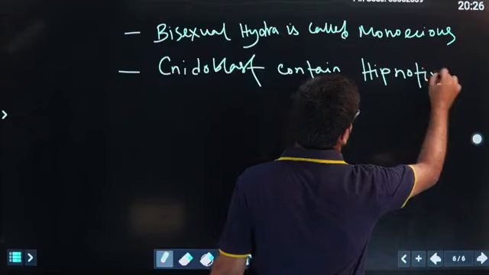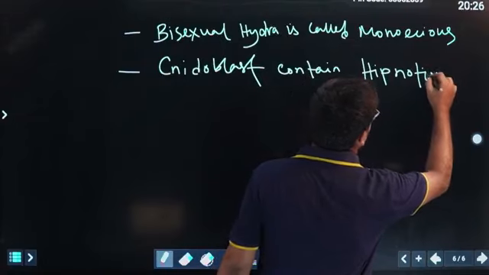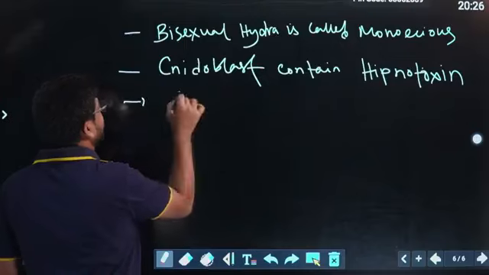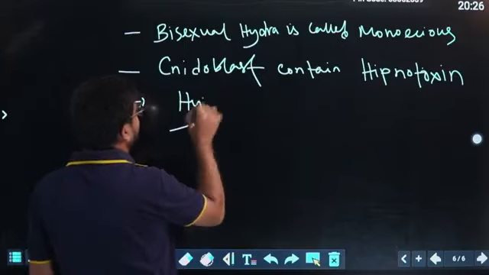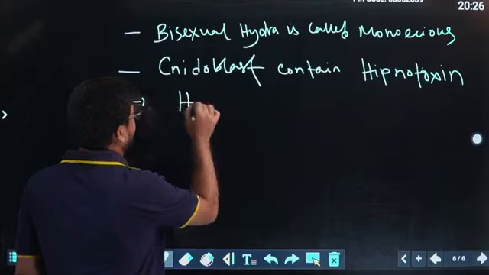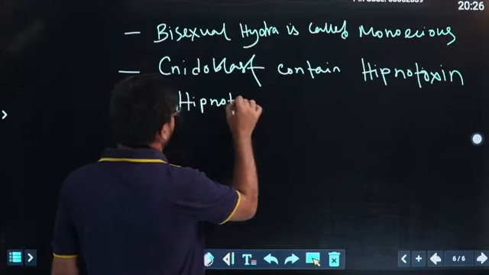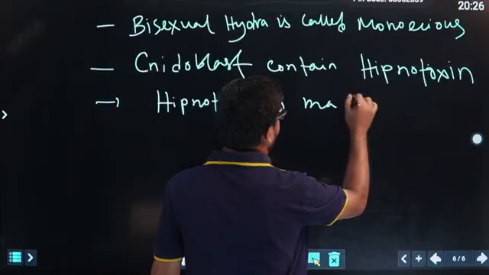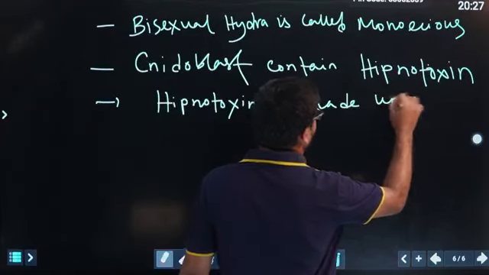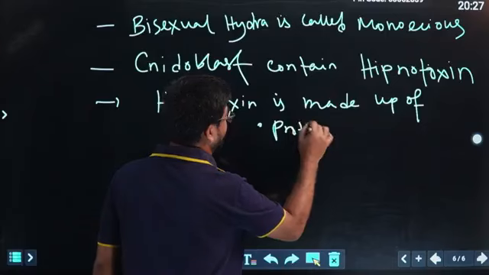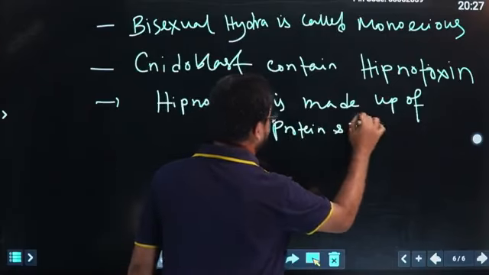You have studied toxin. Hypnotoxin. Okay. Another important thing, hypnotoxin is made up of which things? Hypnotoxin is made up of two things, protein and phenol.